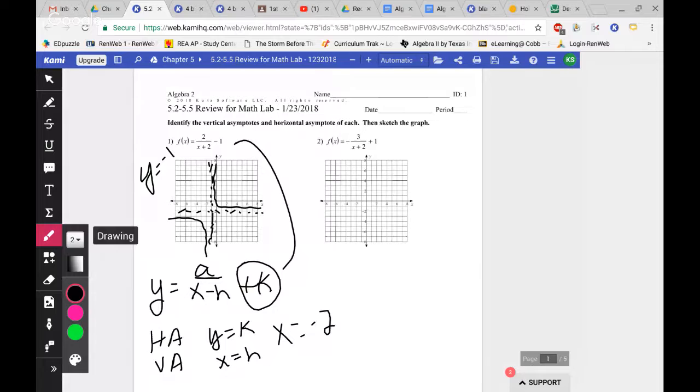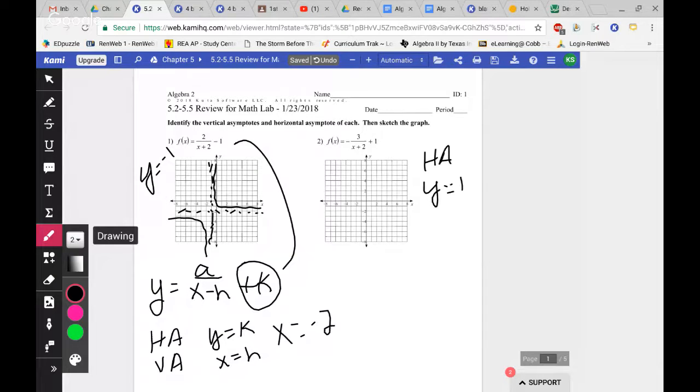All right. So for the next one, based on exactly how we did the prior one, what is the horizontal asymptote going to be? HA. Any volunteers? That one's going to be 1. Yes, y equals 1.